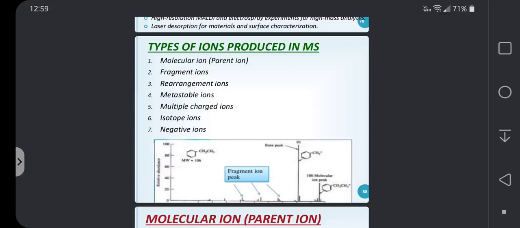Second is fragmentation ions. Third are rearrangement ions, metastable ions, multiple charged ions, isotope ions, and negative ions.